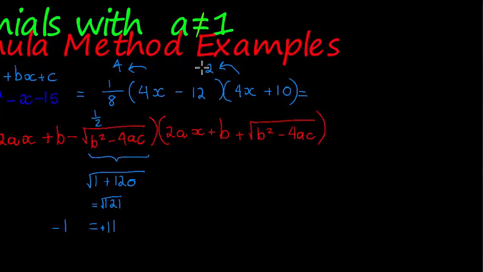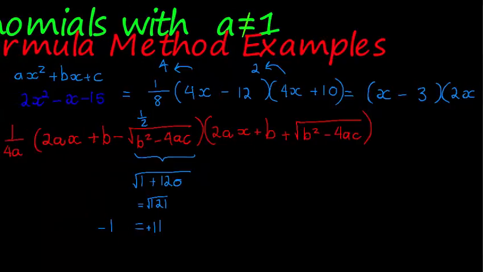Then when I take out the 2, it will cancel with the 2, so I'll be left with 1 in front. So this is literally what's going to be left if I take out these common factors. If I take out a 4, I'm left with x minus 3. And here if I take out a 2, I'm left with 2x plus 5. And there we go. That is exactly factorizing that.